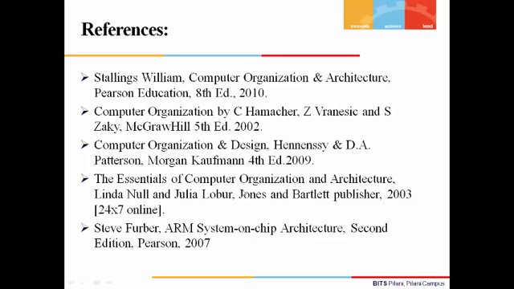Then Essentials of Computer Organization and Architecture by Linda Null and Julia Lobur, Jones and Bartlett Publishers. The last one is by Steve Furber, specifically related to ARM architecture. Please try to have these books and refer to them whenever required. Some of them may be useful during your work as well.